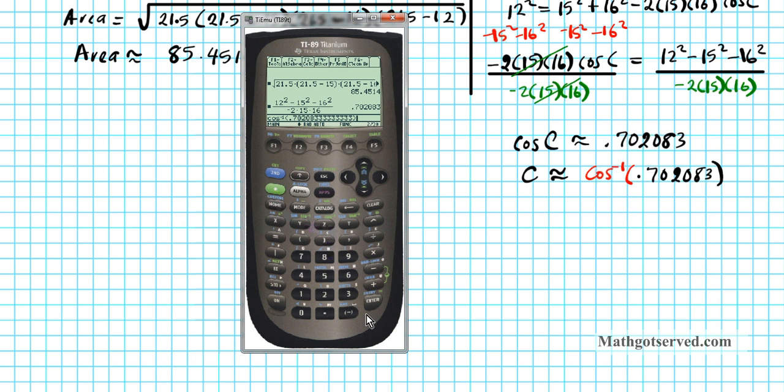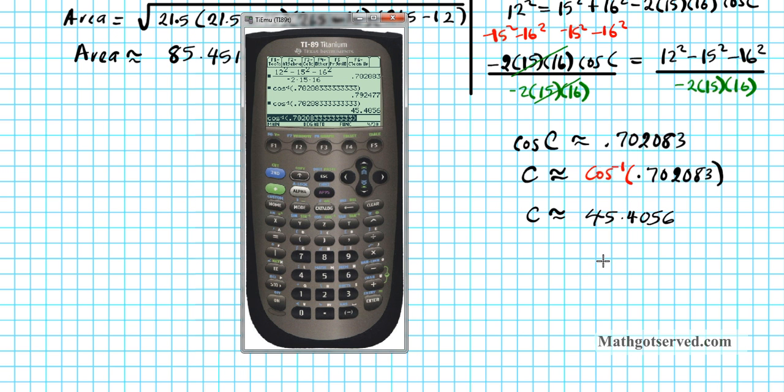Let me change the mode to degrees first, because I reset my calculator. Enter, enter, enter. Okay, 45.4056. So big C is approximately 45.4056.